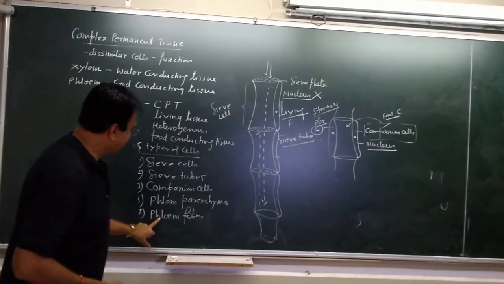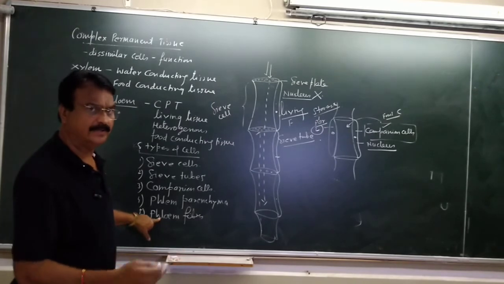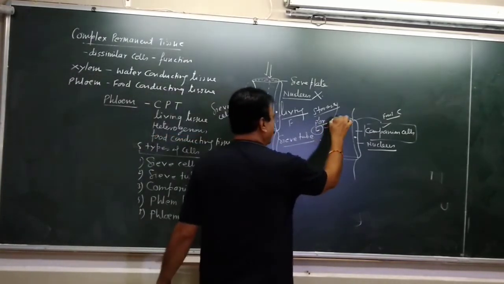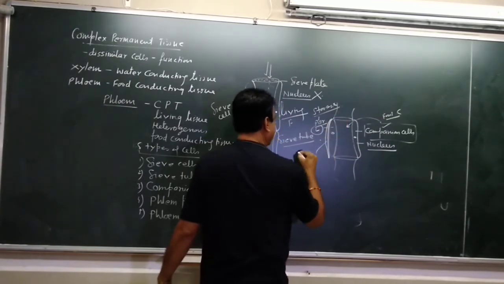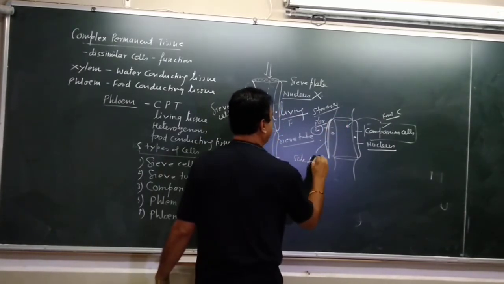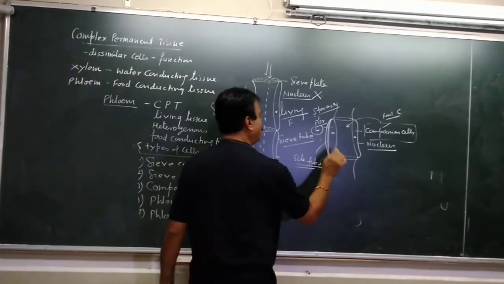Next component is a phloem fiber. So it is very clear again, whenever the word fiber comes, sclerenchyma cell, तो यहाँ पर इसको अटैच रहती है एक sclerenchyma cell। यह है sclerenchyma fiber, and as it is associated with phloem, it is called phloem fiber.